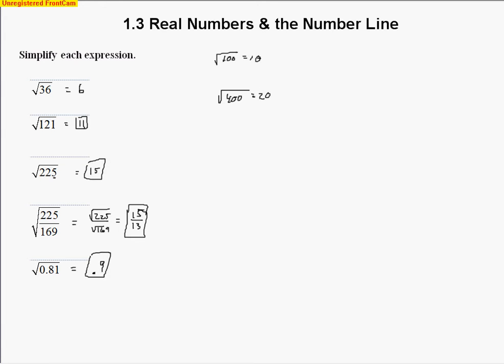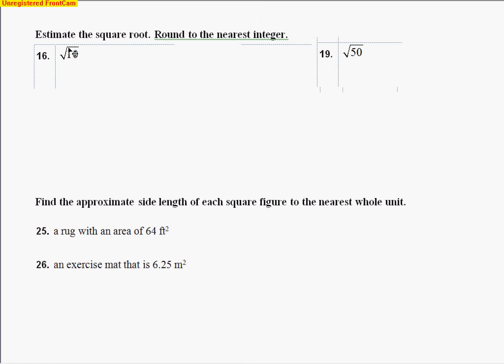Taking a look at the next type of problem here, it says to estimate the square root, rounding to the nearest integer. So what I do is I look for the square roots that it's between. So I've got the square root of 9, the square root of 10, 11, 12, 13, 14, 15, and 16.